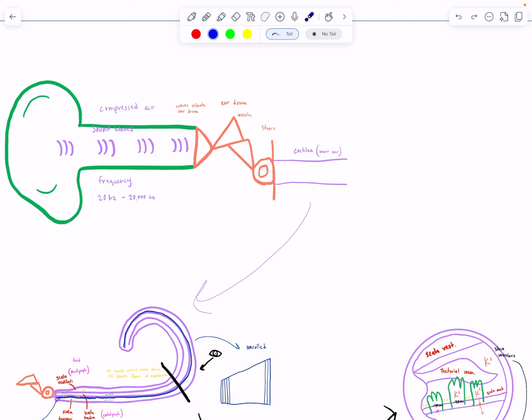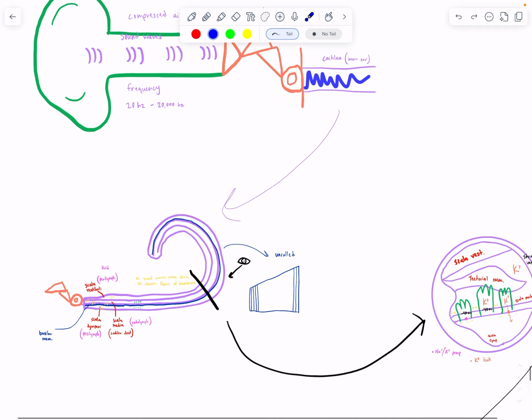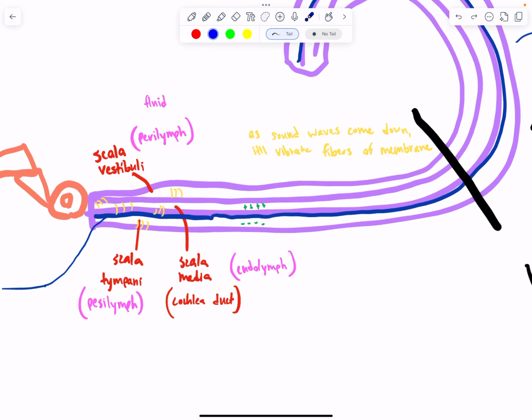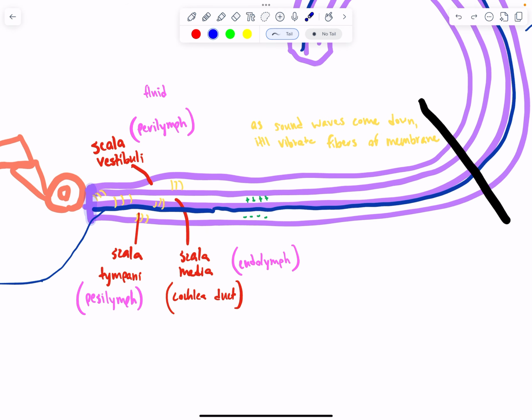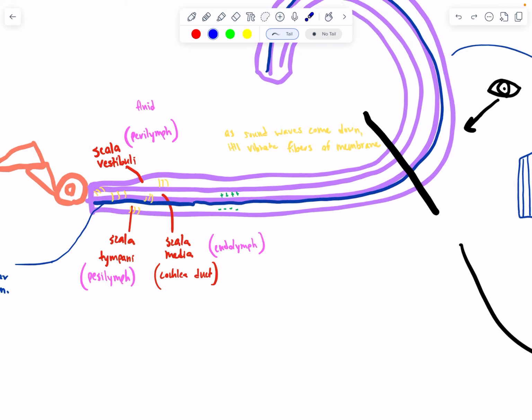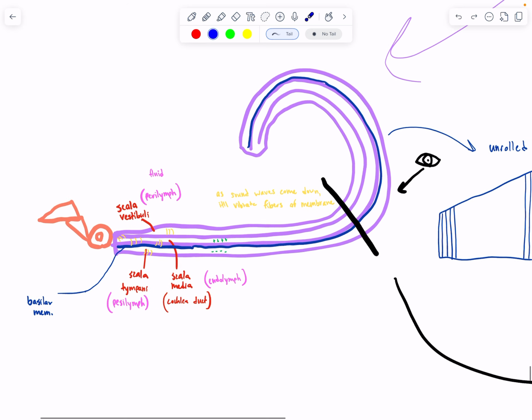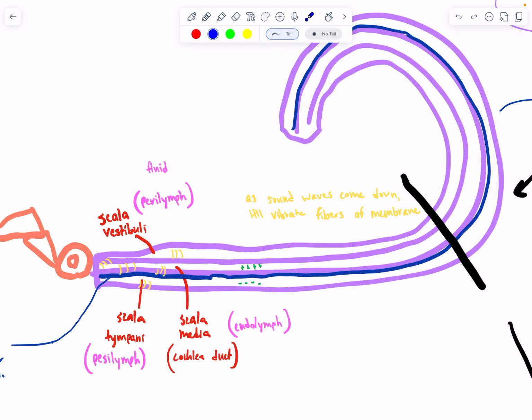If we zoom in, these hit the membrane, that little layer, and that is going to send a signal all this way, and all that fluid inside the cochlea is going to move. The cochlea can be divided into a few different parts. It's hard to see on a 2D graph, but this top part is called the scala vestibuli, the middle part is called the scala media, and the scala tympani is at the bottom.